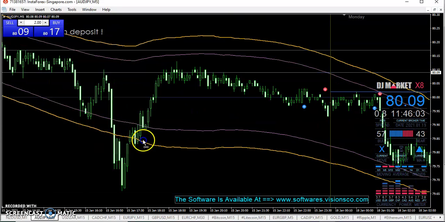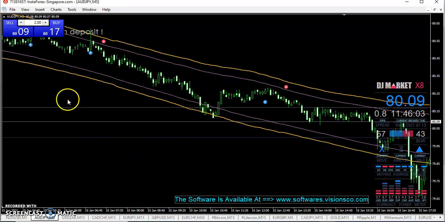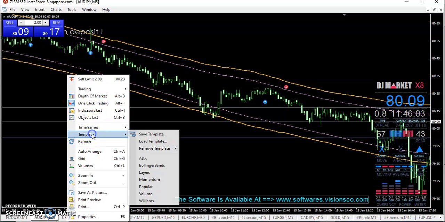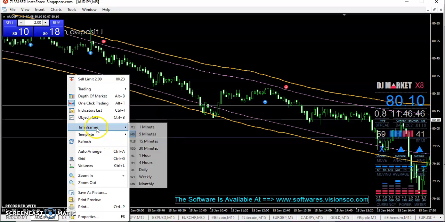This is it. Anytime it passes this outer line, it must rush back. Okay, this is now the 5 minute time frame. Let's try the 15 minutes time frame.